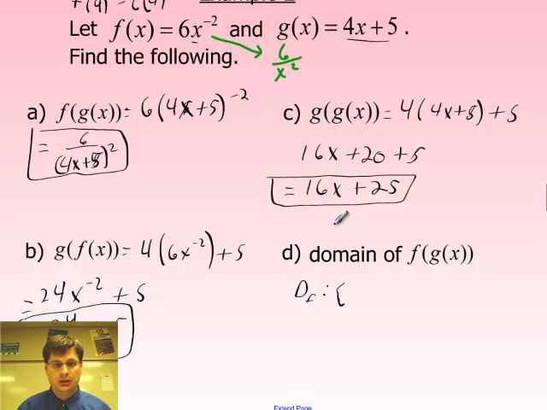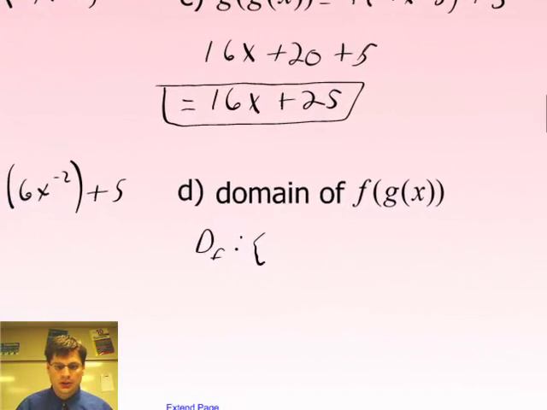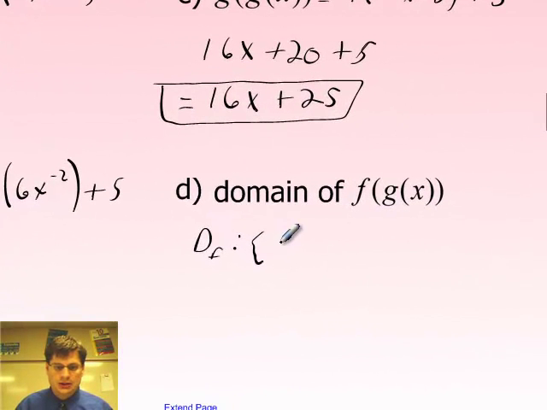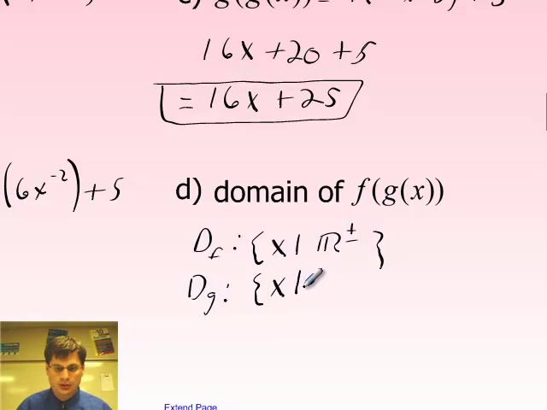It needs to be any number but 0, because you can't divide by 0. It could be negative, it could be positive, but it just can't be 0. And for g of x, it can be all real numbers. So when I write this out, x is such that it's all real numbers that are positive and negative, except 0. And the domain for g is x is such that it's all real numbers. There's nothing that can't be there.